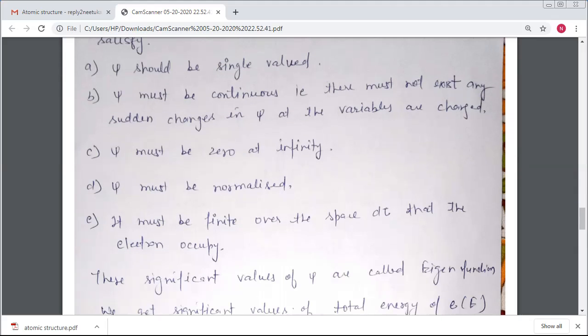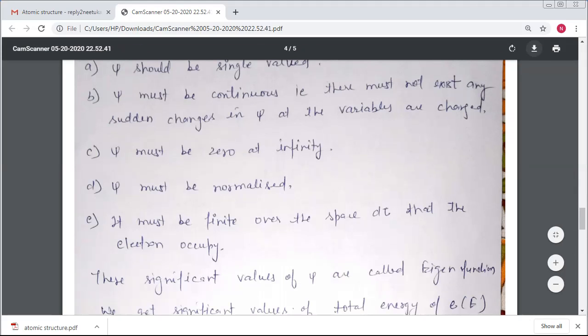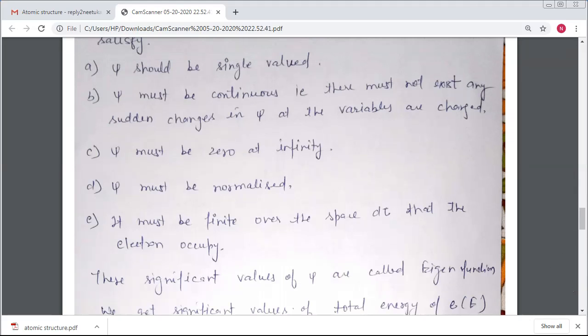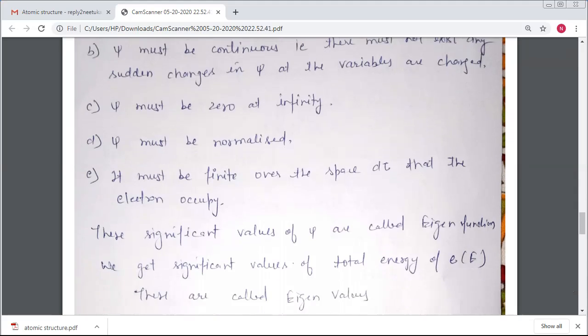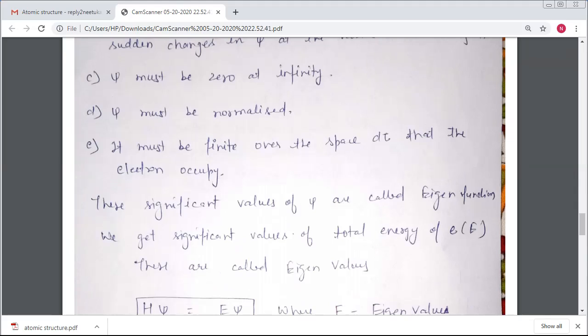The second point is that psi must be continuous, that is, there must not exist any sudden change in psi as the variables are changed. The third point is that psi must be zero at infinity. Then psi must be normalized, and it must be finite over the very small space that the electron occupies.